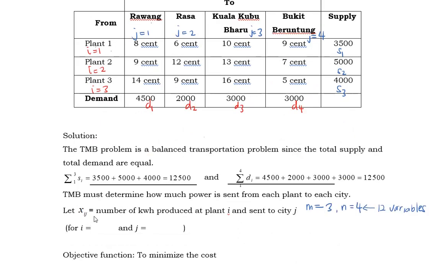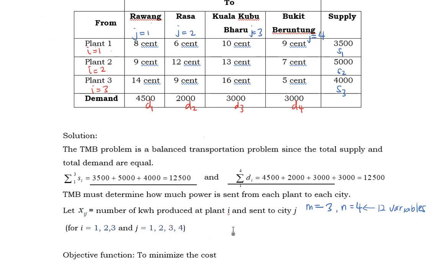xij represents the amount of electricity in kilowatt hours produced at plant i and sent to city j, where i is equal to 1, 2, and 3, and j is equal to 1, 2, 3, and 4.